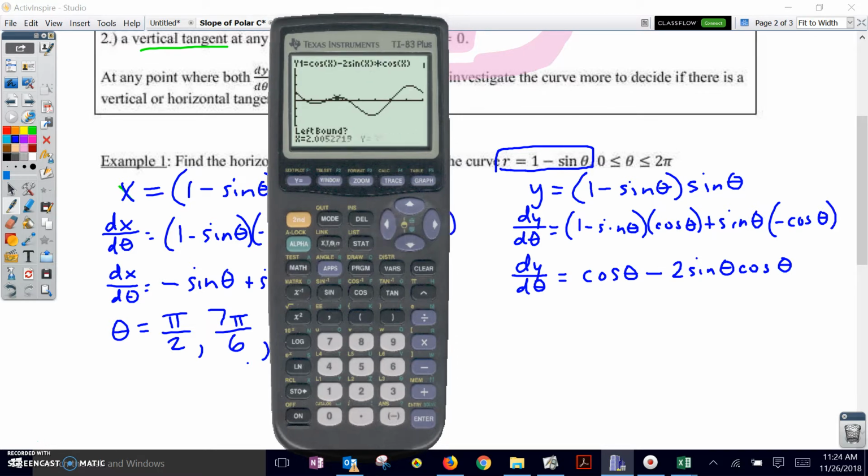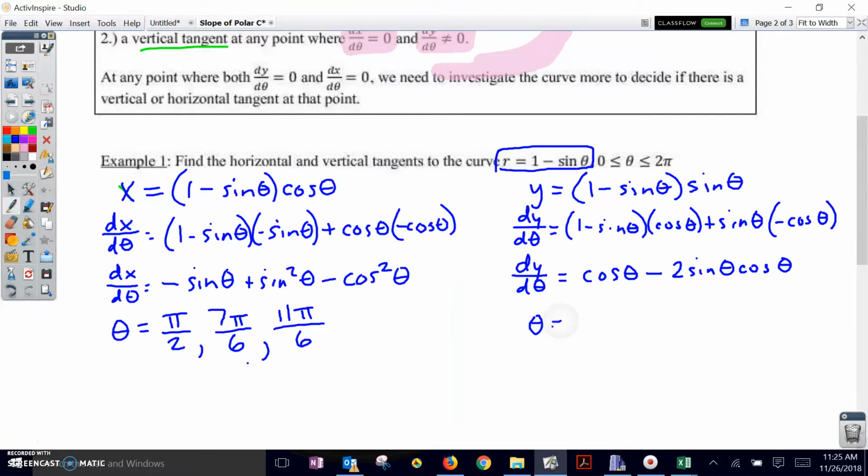Wish I could move my cursor faster on here. I feel like I'm spending all of my time cursoring. At 0.524, which is theta equals pi over 6.